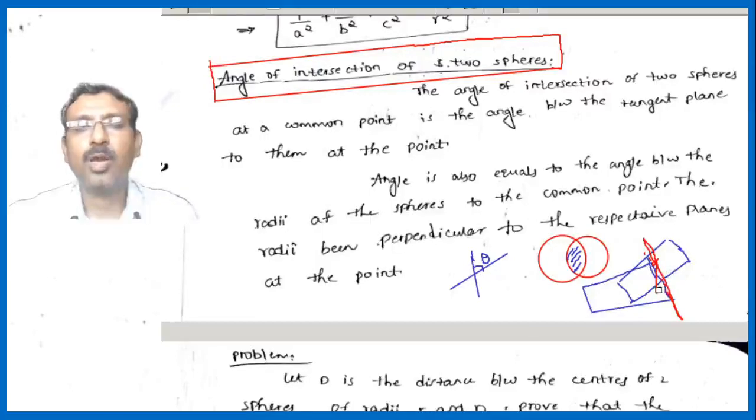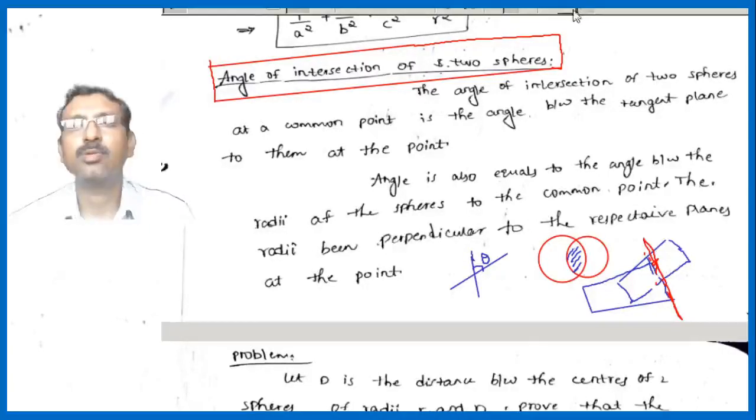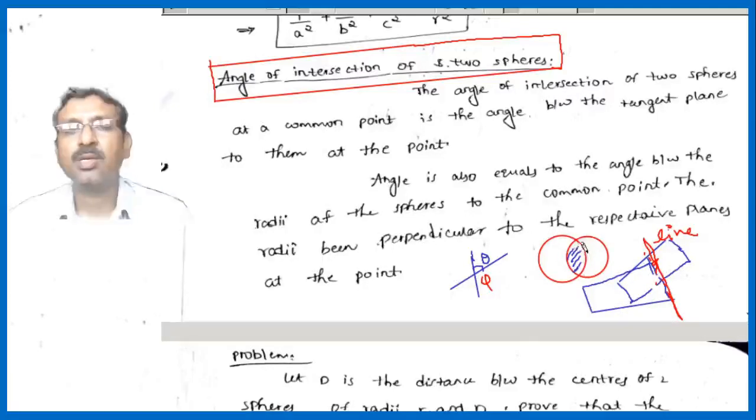Two lines intersect generally at a single point, some Q. Then two planes intersect in a line, not at a single point. And if two spheres intersect, they may either touch at a point or intersect along a circle.